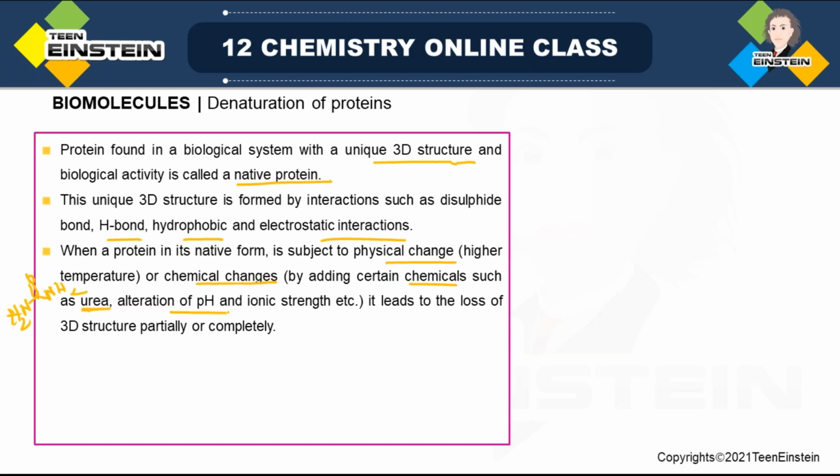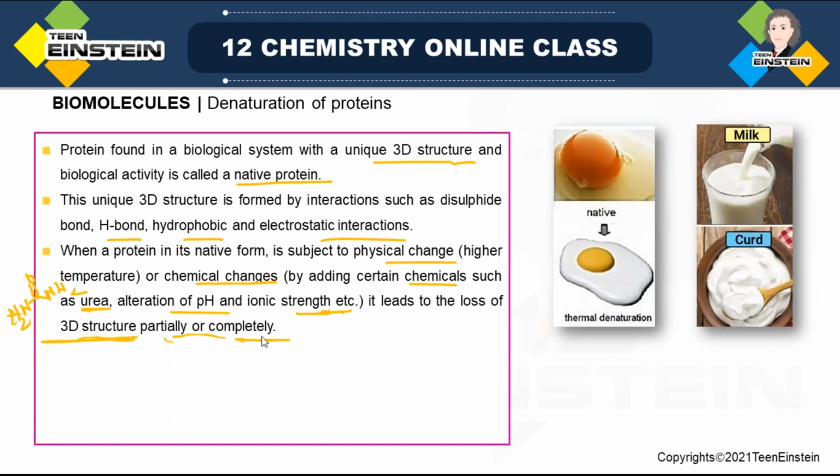Or you are altering the pH, suppose you are changing the pH drastically from acidic to basic. Or if you are changing the ionic strength of the medium in which it is kept, then there will be some chemical changes also. But whether it is physical or chemical, in both cases this 3-dimensional structure, its uniqueness, is lost. It leads to the loss of 3-dimensional structure, either partially or completely.